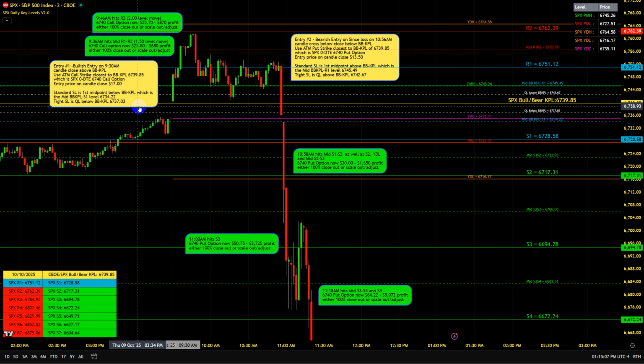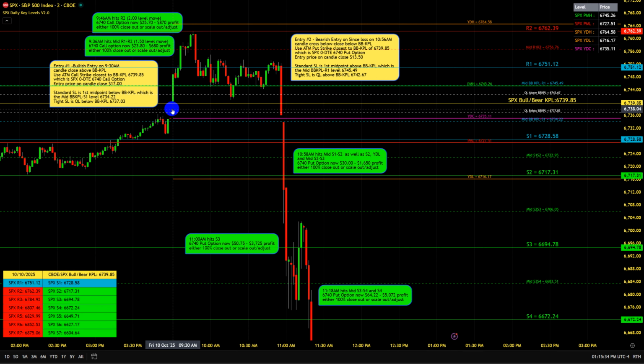Okay, so just getting into the trade entries here. Our first entry was a bullish entry on the 9:30 a.m. candle. So why is this a trade entry on this candle? Because the candle is closing above the bull bear KPL. Specifically, this is the opening 9:30 a.m. candle, and it opened slightly above the bull bear KPL.